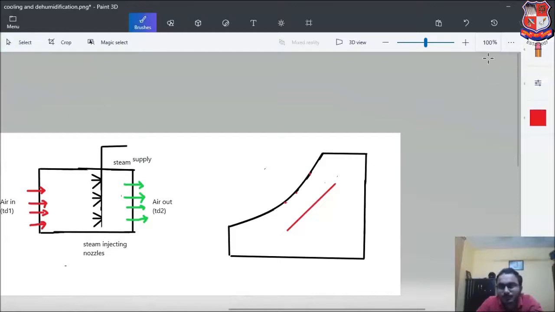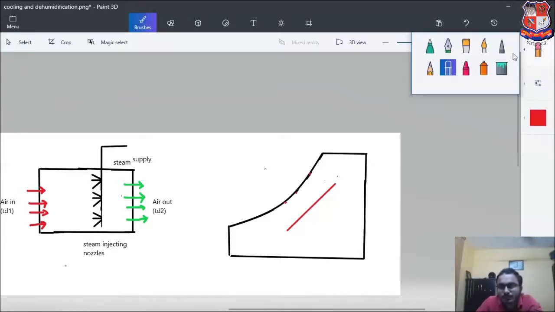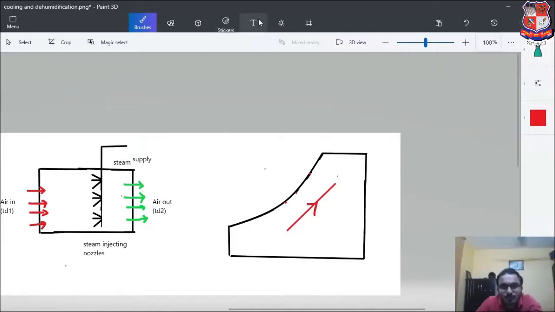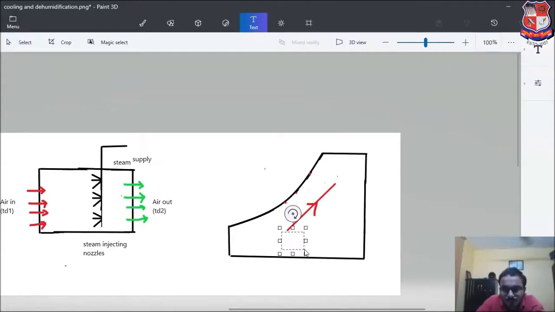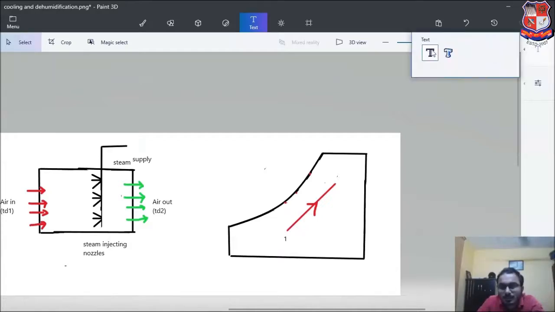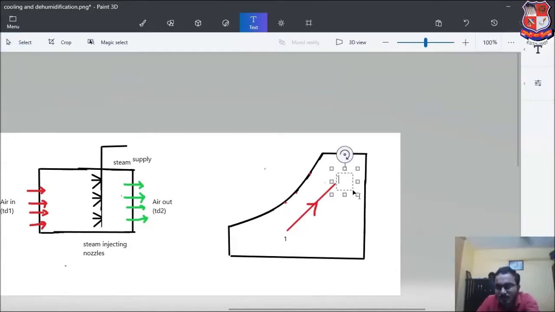And this will be our point number 1. This will be our point number 2.